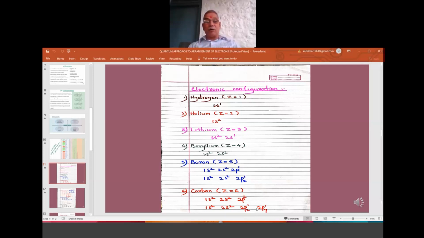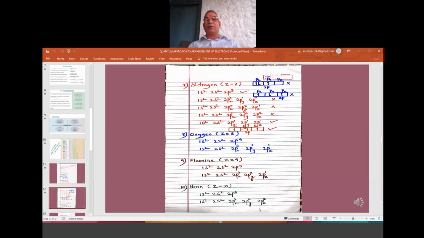Place is available, so I don't go for pairing. When the place is available, why pair up unnecessarily? So 1 electron in the 2px, 1 electron in the 2py. Don't write 2px2, it is wrong, because 2py is empty, 2pz is empty. So out of 2py and 2pz you take any orbital. That is the correct way as per Hund's rule of maximum multiplicity.